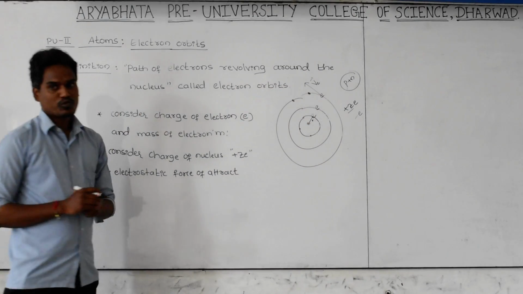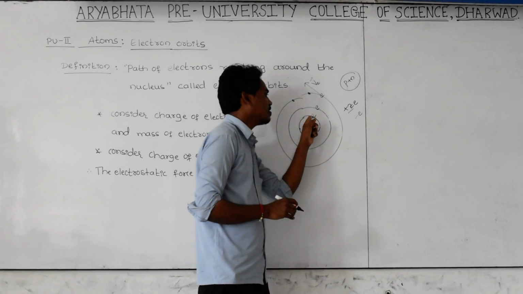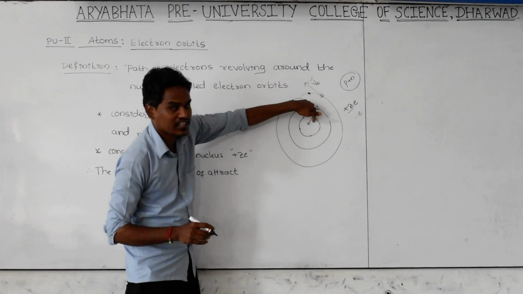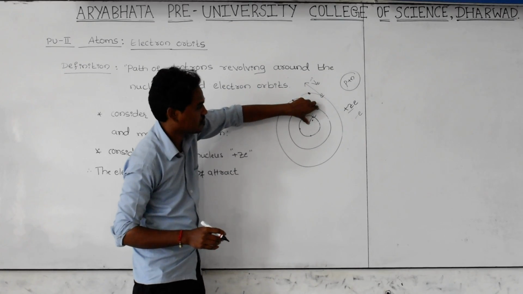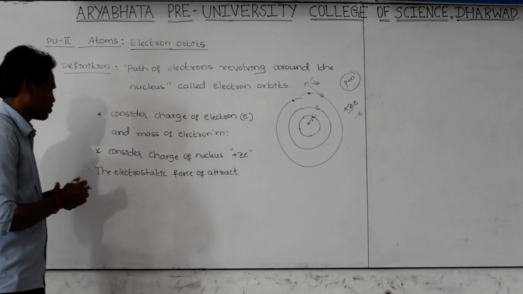Our intention is to find the electrostatic force of attraction between the nucleus and the electron. If you consider this electron, you take this as the distance, or if you consider that electron, you take that as the distance. Depending upon the electron you consider, R changes.